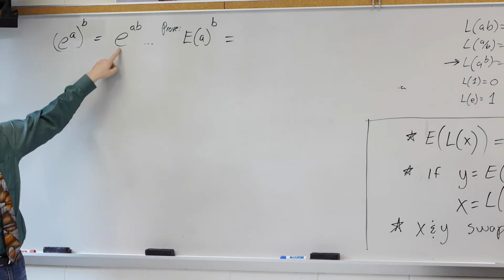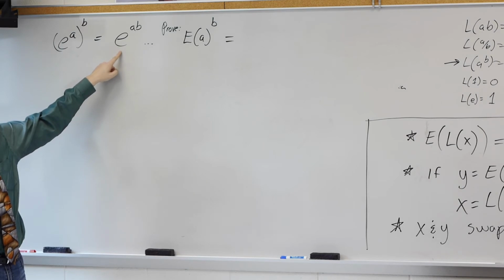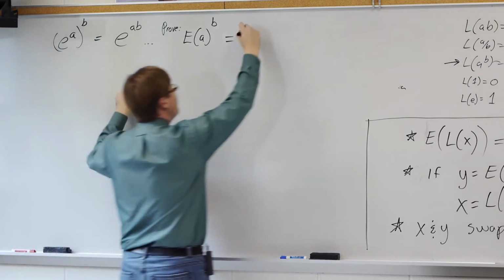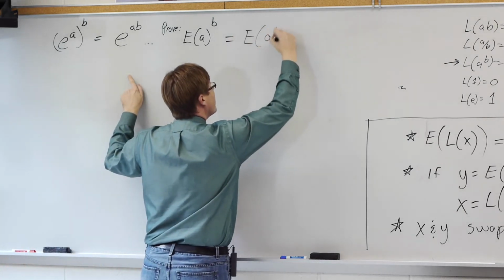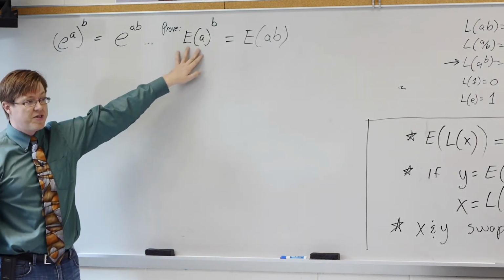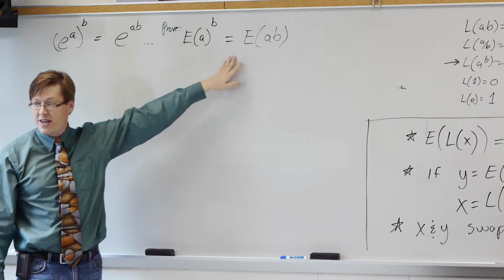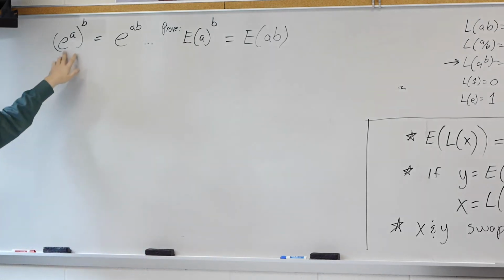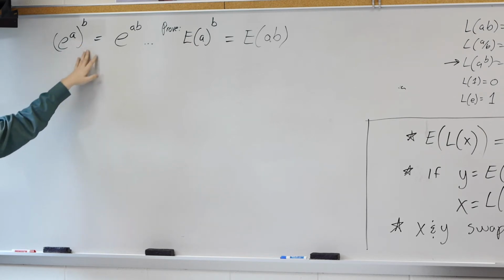What would this be in terms of capital E? E of a times b. See? I want to prove if I take e of something and raise it to a power, that's e of the product. Because capital E here is acting like little e to a power. Does that make sense?